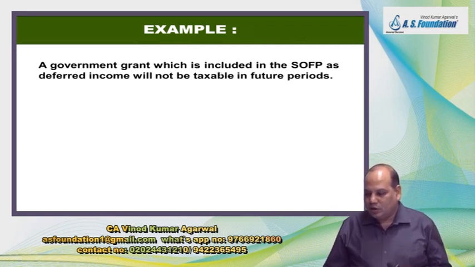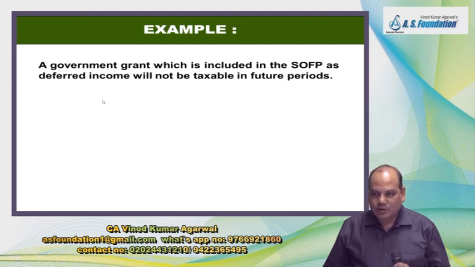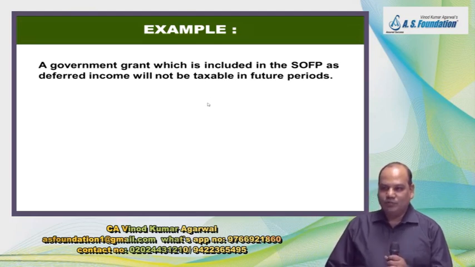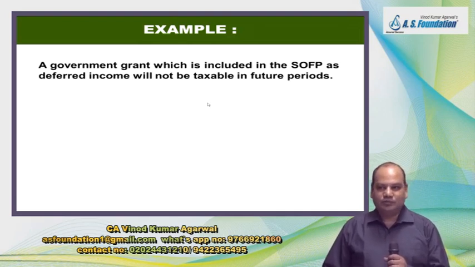See, government grant will be slowly transferred to income statement because it's a deferred income. So next year you will transfer some amount to the P&L account, but it will not be taxable in future period. In future you don't have to pay tax on this item. So will this give rise to more tax liability in future, or tax saving in future, or no tax consequence?